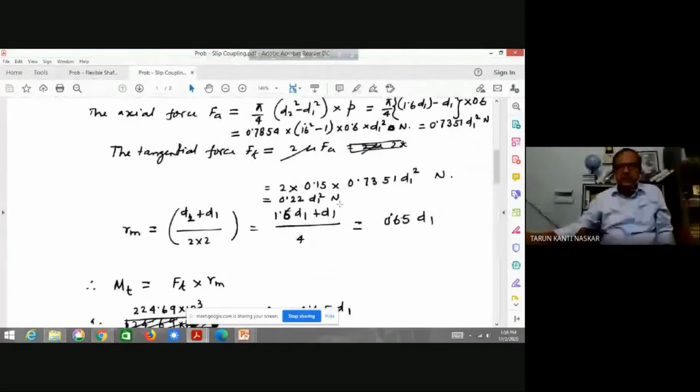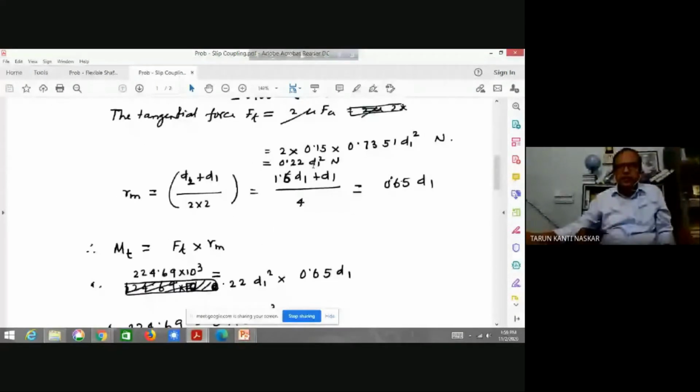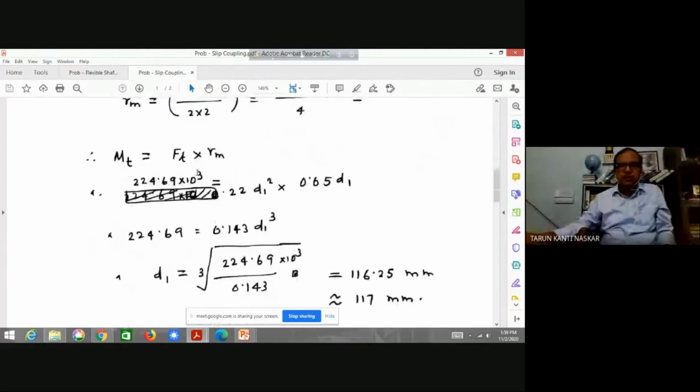Then ultimately it is 0.22 d1 square n, and this is Rm, that is d2 plus d1 by 2. With the ratio of d2 and d1, it is 1.6 d1 plus d1, and ultimately it is equal to 0.65 d1. So the equation for MT will be equal to Ft into Rm.